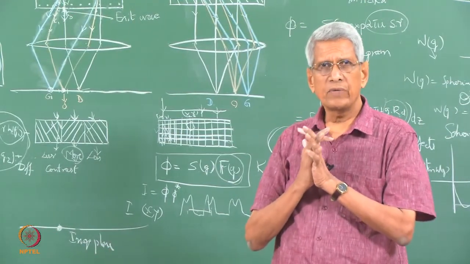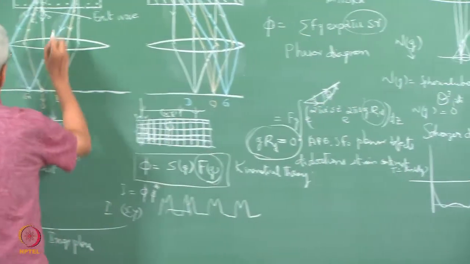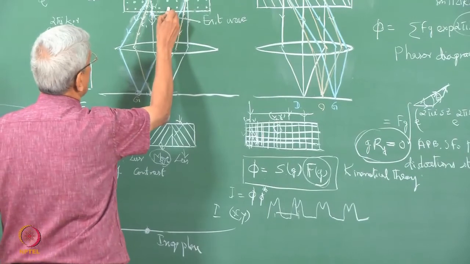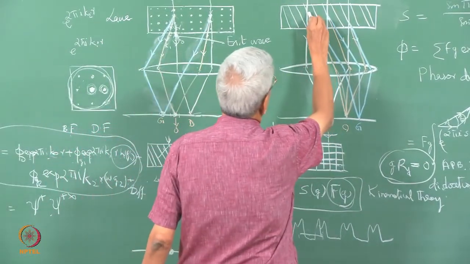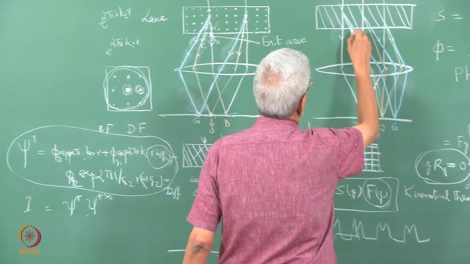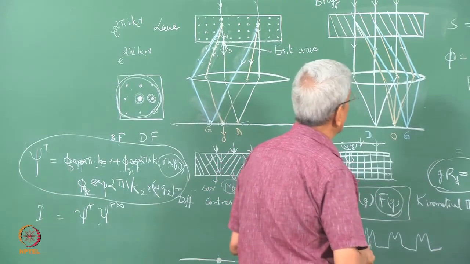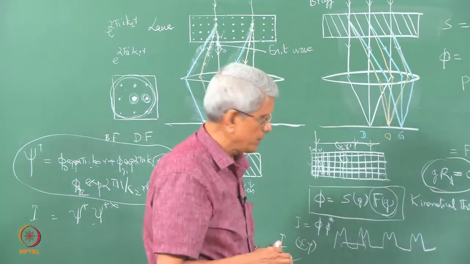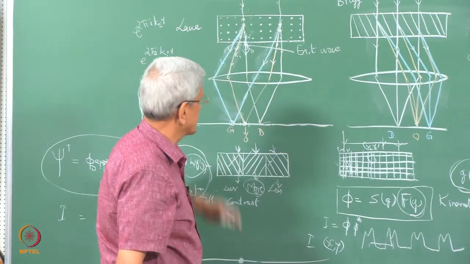When the electron beam enters the sample, in the case of diffraction we consider this a point object, or we consider a Bragg condition, that is, the planes which are responsible for diffraction. Here, each atom is considered as a point scattering center.